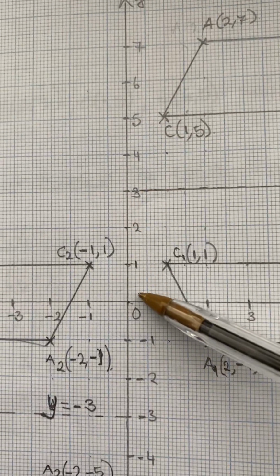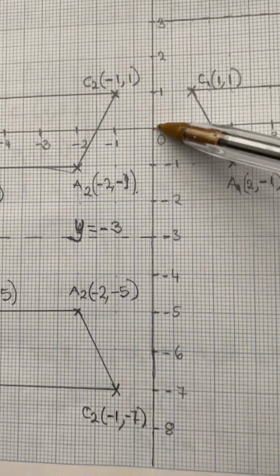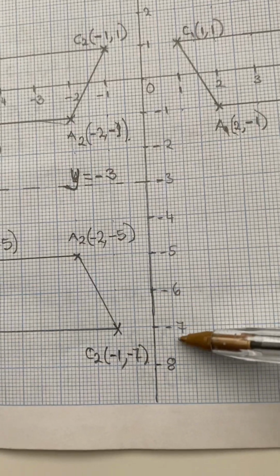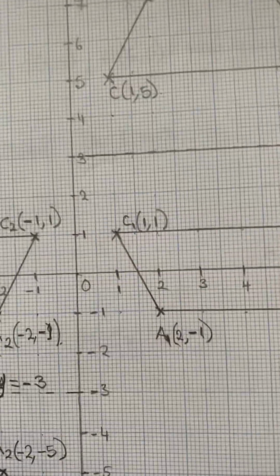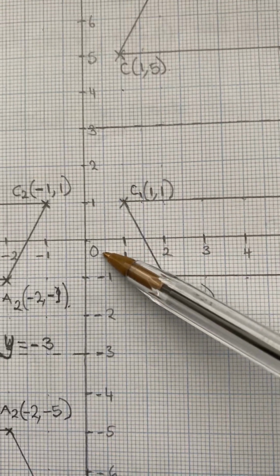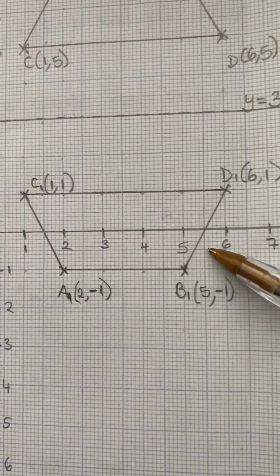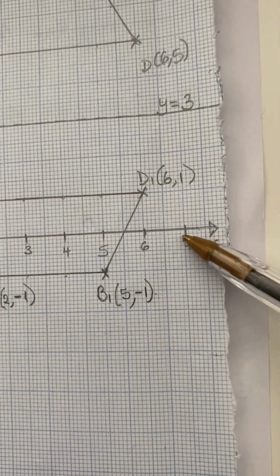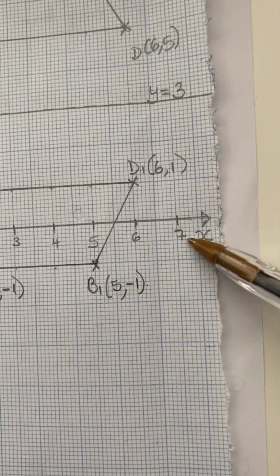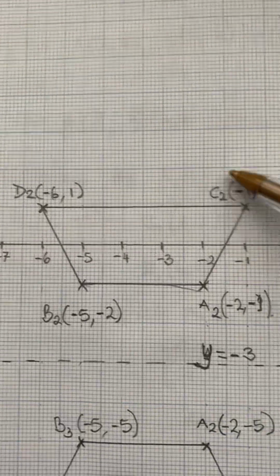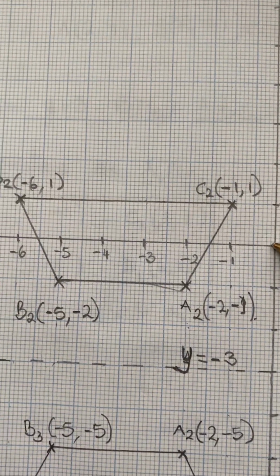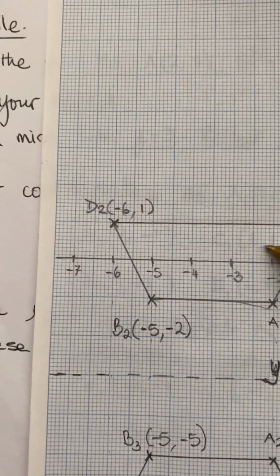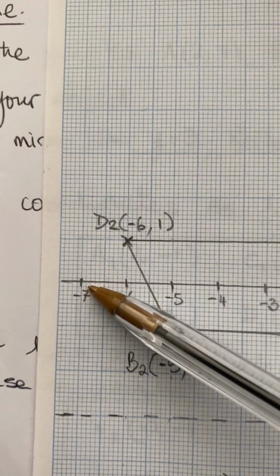And then on the negative y-axis, I went down to -8. Now on the x-axis, from 0, look at the scale, equal intervals till 7. And then on the negative x-axis, -1 through to 7.